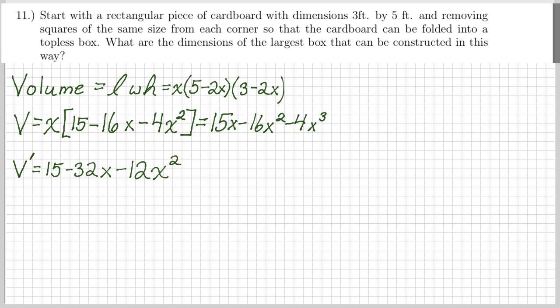And this may be why you asked about this, because this probably doesn't factor nicely. I think that 12 should be positive, am I right there? Oh no. Yeah, it should be positive.